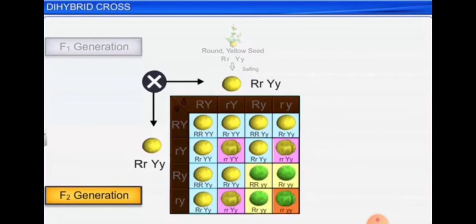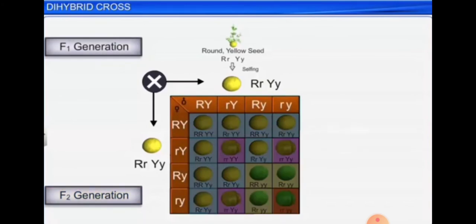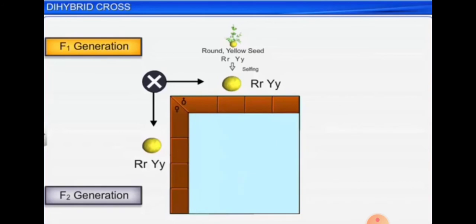Now we can use the Punnett square to easily understand the independent segregation of two genes during meiosis and the production of pollen grains and eggs in the F1 generation. For example, in the dihybrid cross experiment conducted by Mendel, the genotype of the seed obtained in the F1 generation was capital R small r, capital Y and small y.